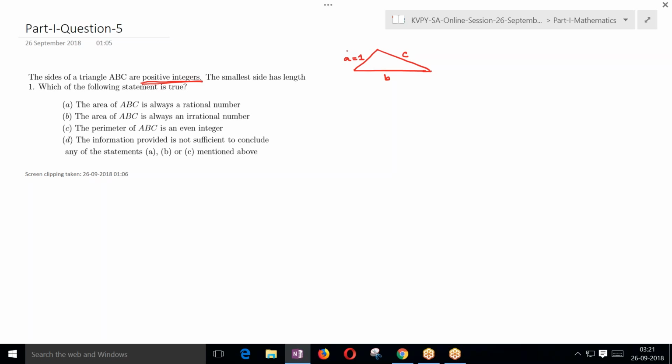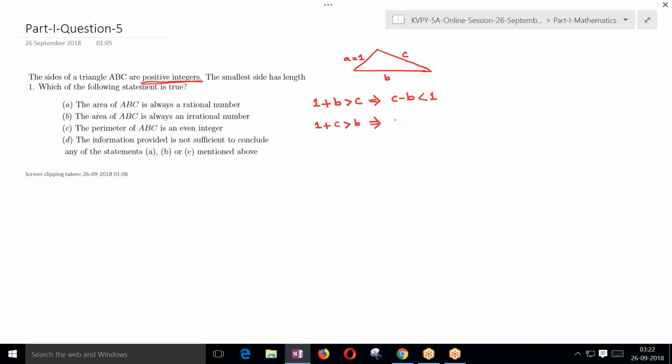We know fundamentally that the sum of the lengths of two sides of a triangle is greater than the third side. So from there we get 1 plus b is greater than c. From here we can write c minus b is less than 1. Also we can write 1 plus c is greater than b.